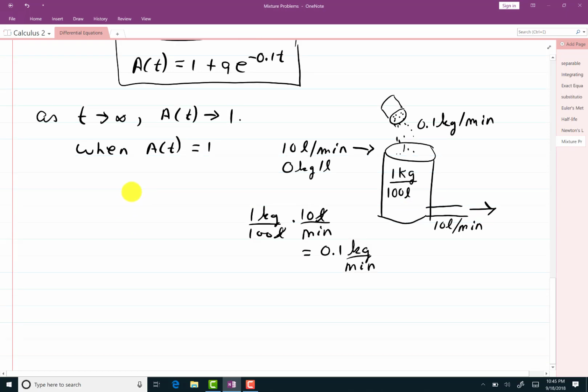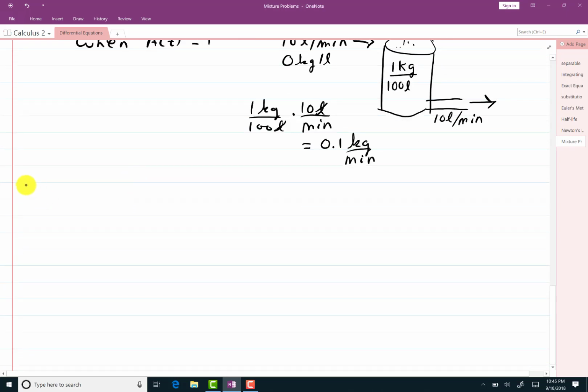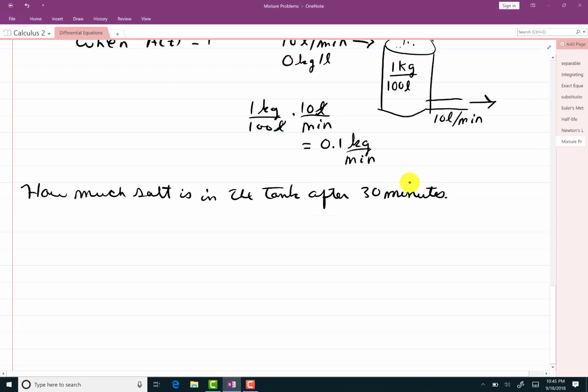A question that might come up: how much salt is in the tank after 30 minutes? And for that, let's go back to the formula itself.